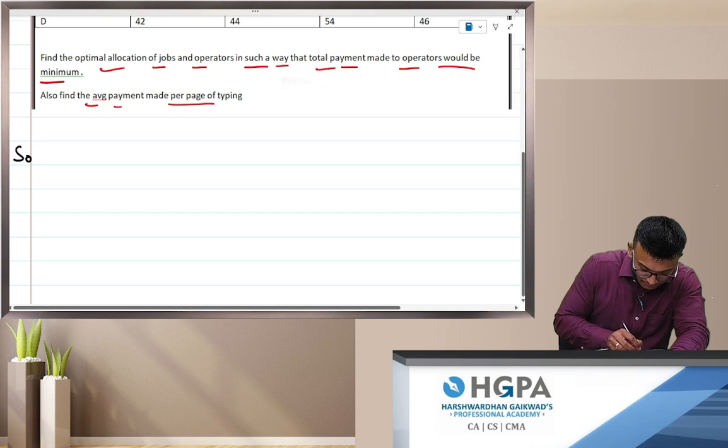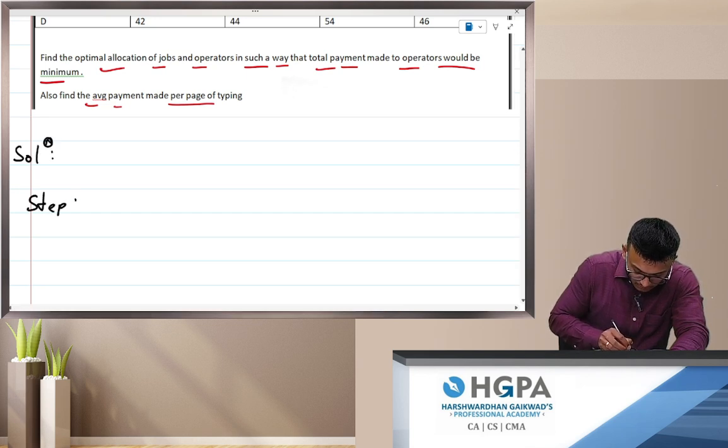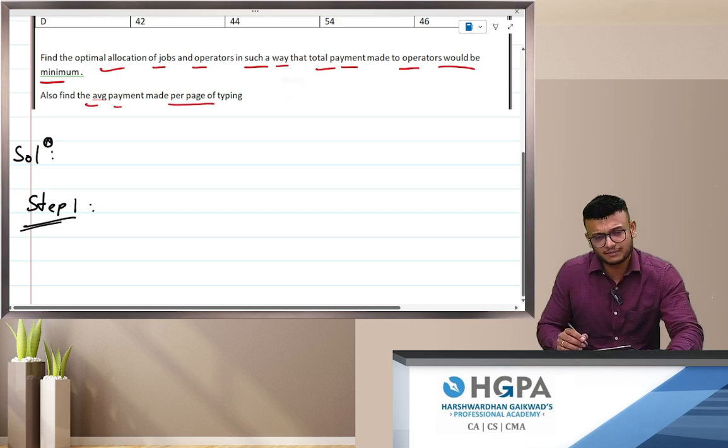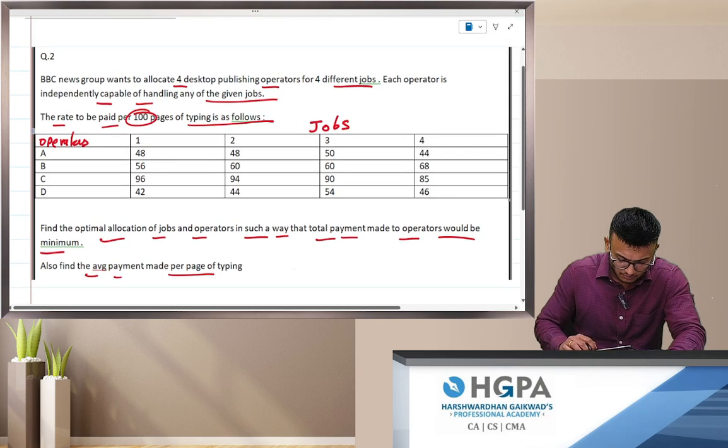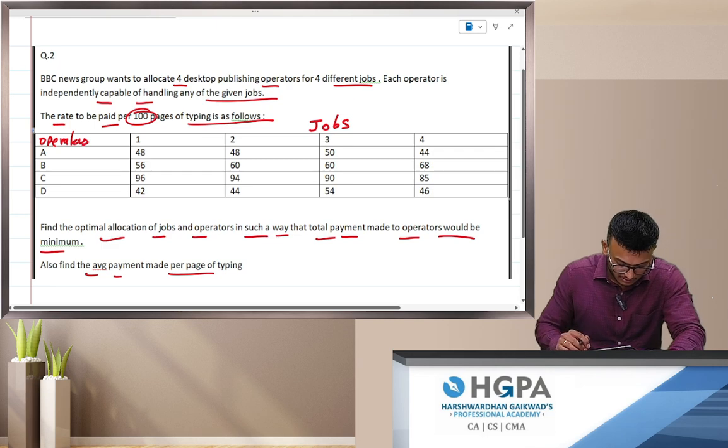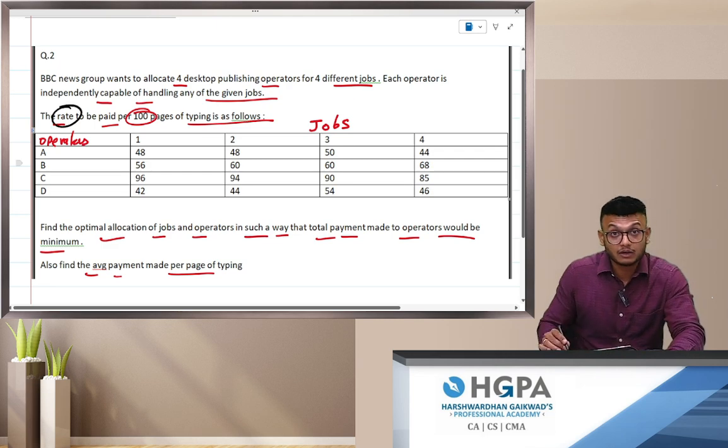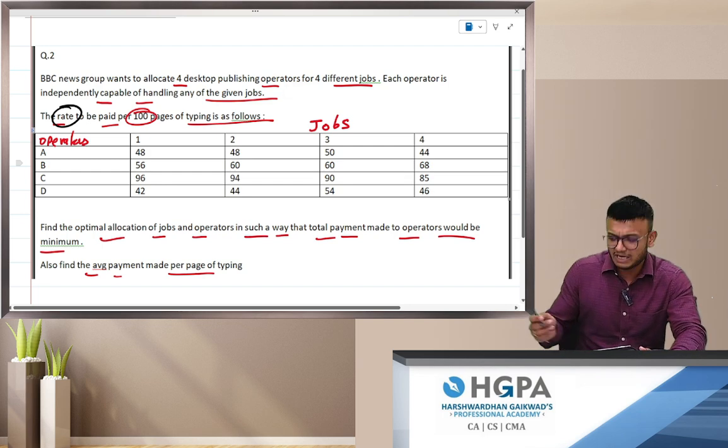Solution. Step number 1. Please don't divert from the steps. Very simple. So as the given data, now tell me one thing. This is the data for what? Rate, rupees, cost. So it is the minimization question.